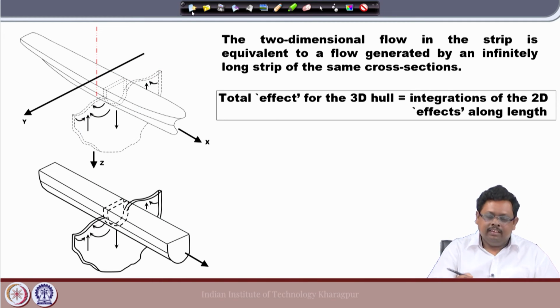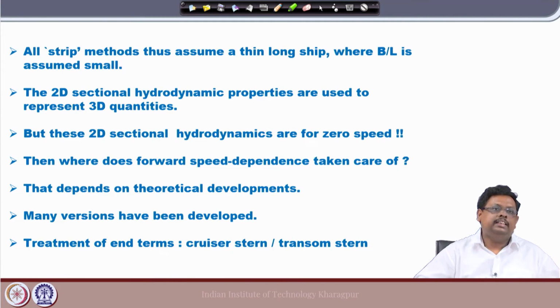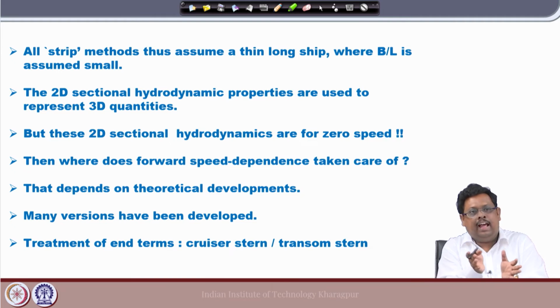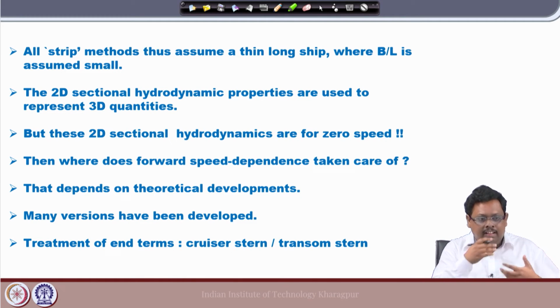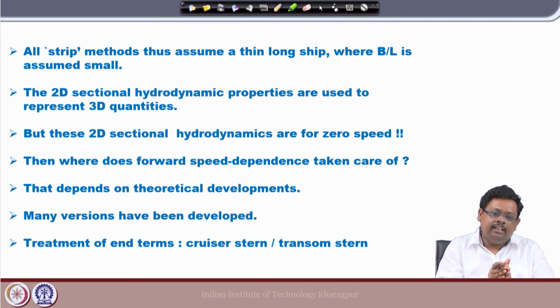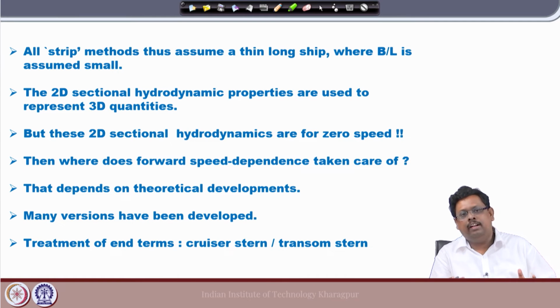But now let us see the actual assumptions. As I said, we have the feeling that only integration of the two dimensional strips over the length gives you the three dimensional effect, and that is all there is to the strip theory.